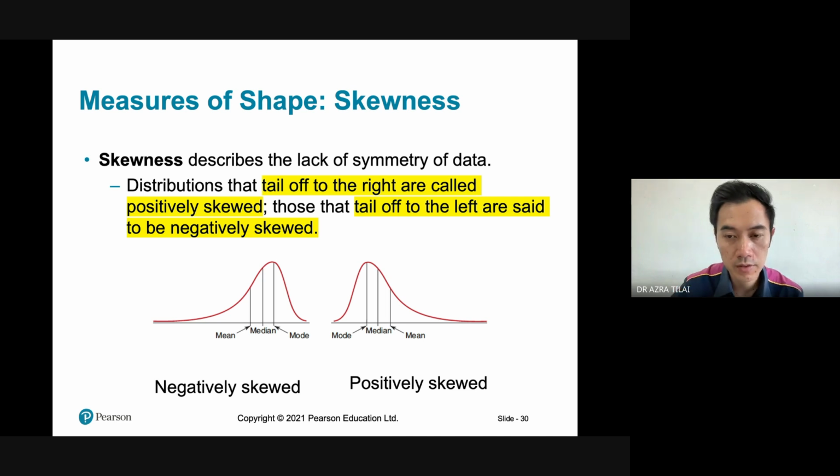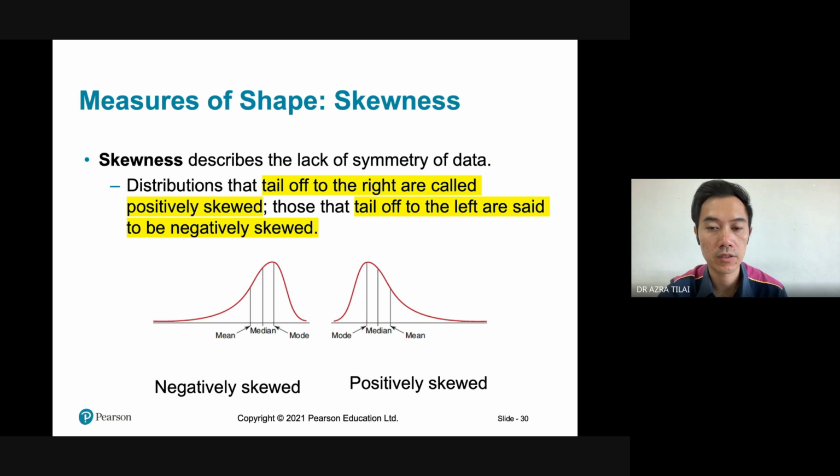Okay, so we can see from the line here, the trend line or the data line, from 0 to 10 or 50, you can see the tail here.